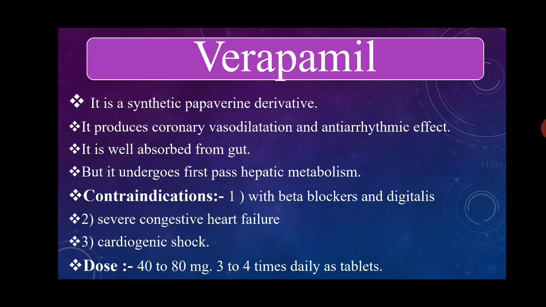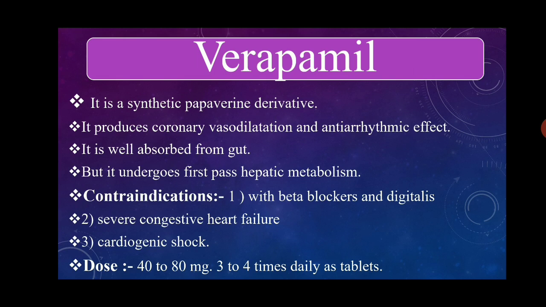Verapamil should not be administered to a patient with severe congestive heart failure; this is a contraindication for that patient. And then cardiogenic shock. Verapamil is also contraindicated in cardiogenic shock patients.